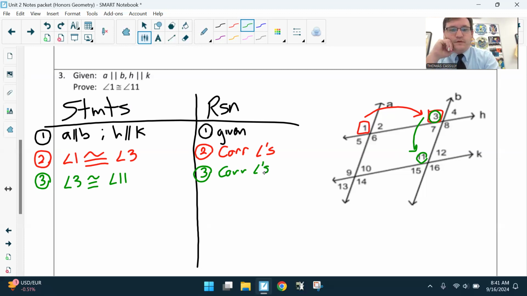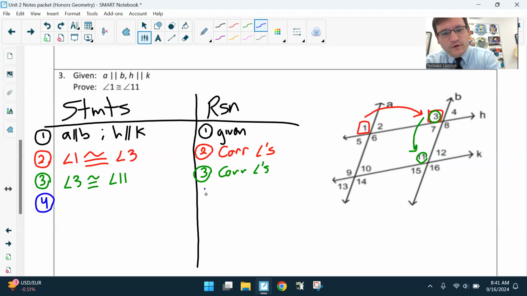We are allowed to use corresponding twice. You can use any steps any amount of times you need. I can use corresponding 3 or 4 times if I really wanted to. It doesn't matter. We can reuse reasons whenever we want.